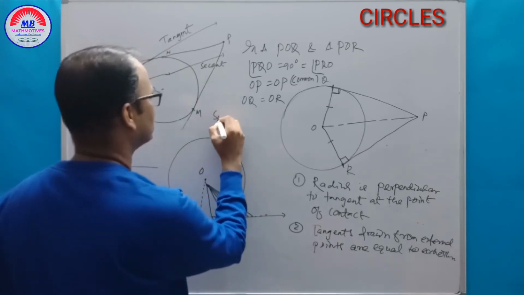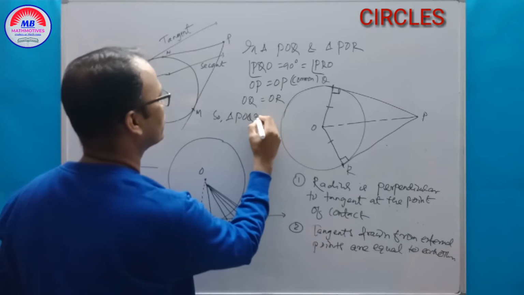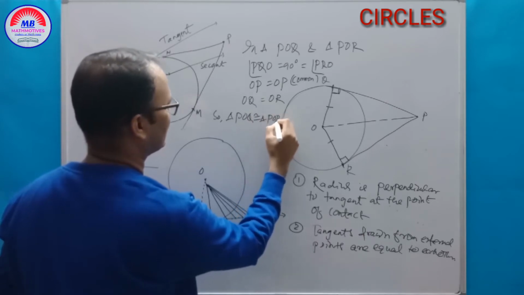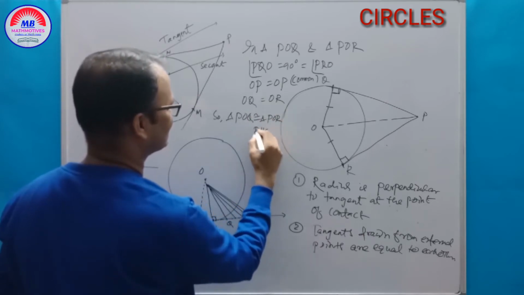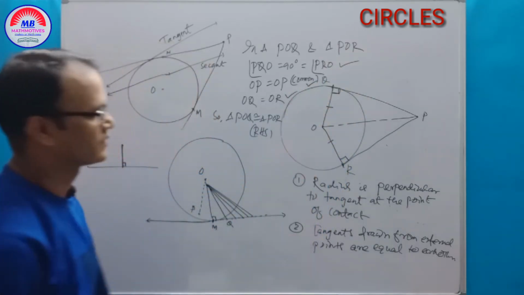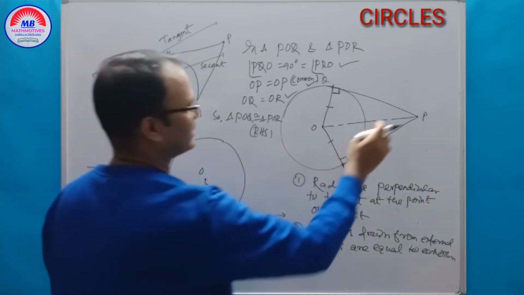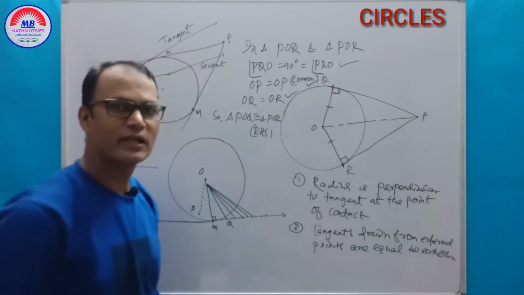So triangle POQ is congruent to triangle POR by RHS, right angle, hypotenuse and side. So two triangles are congruent. If two triangles are congruent, the corresponding parts will be equal.